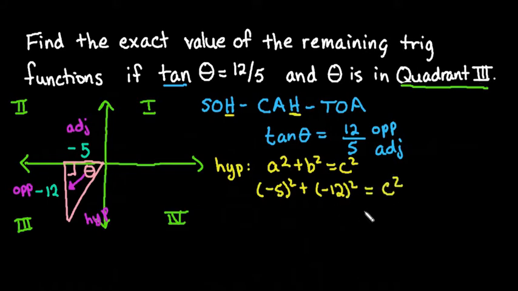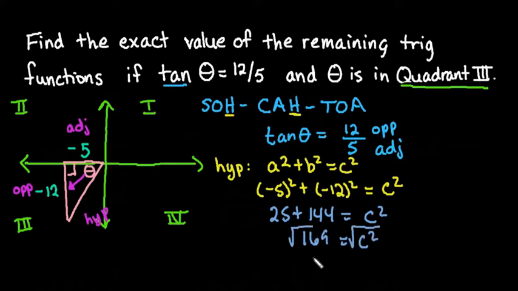Then we simplify: 25 plus 144 is 169. Then we take the square root of both sides, and 169 is a perfect square, so we end up with 13 as our hypotenuse.